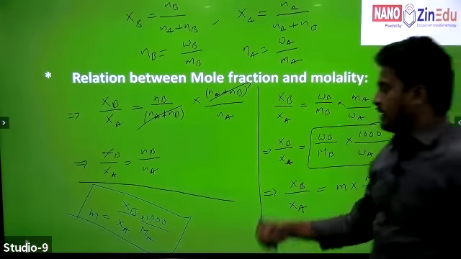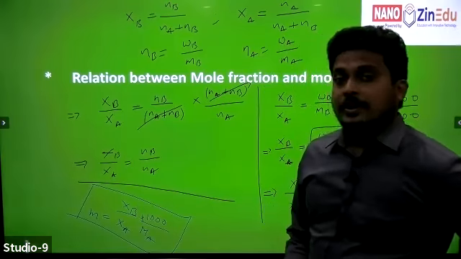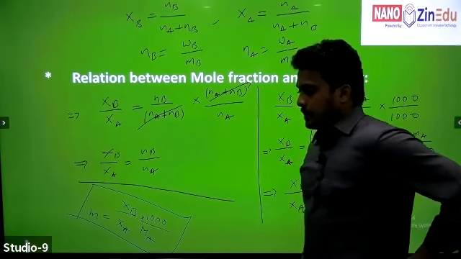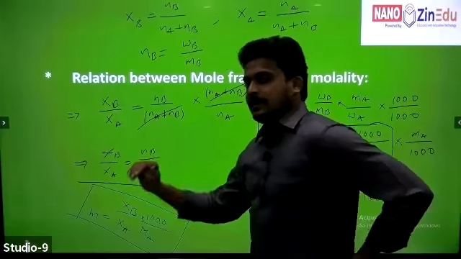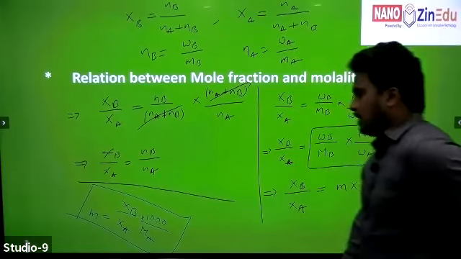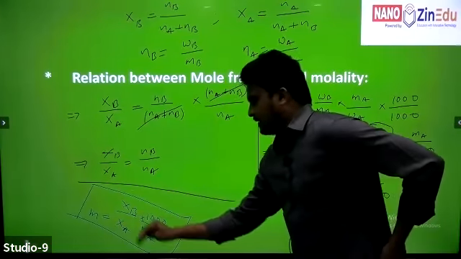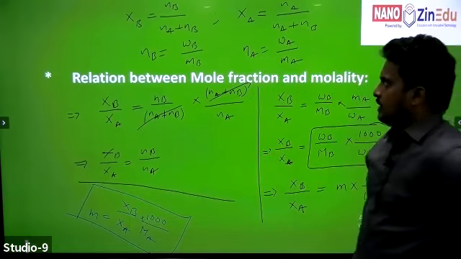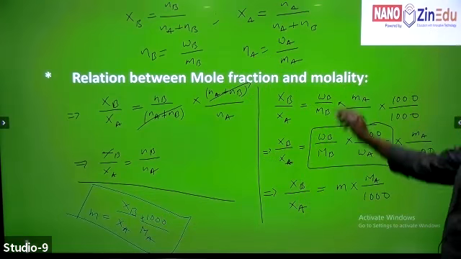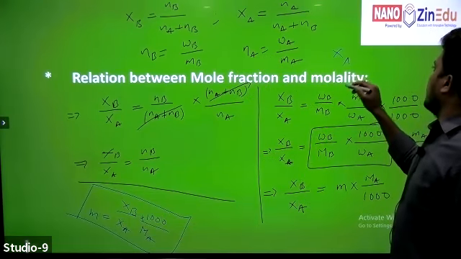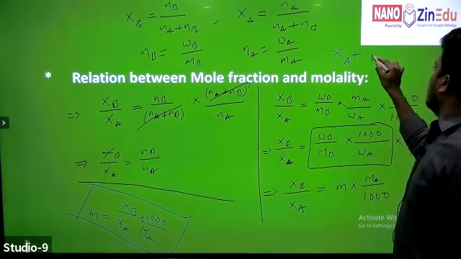If xa or xb is not given, how can you calculate? Only one term is given. If xb is not given and xa is given, or xb is given and xa is not given, how can we calculate it? The sum of mole fractions, xa plus xb, is equal to 1.